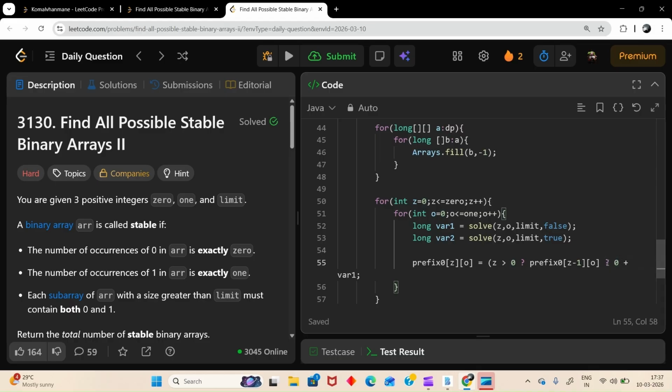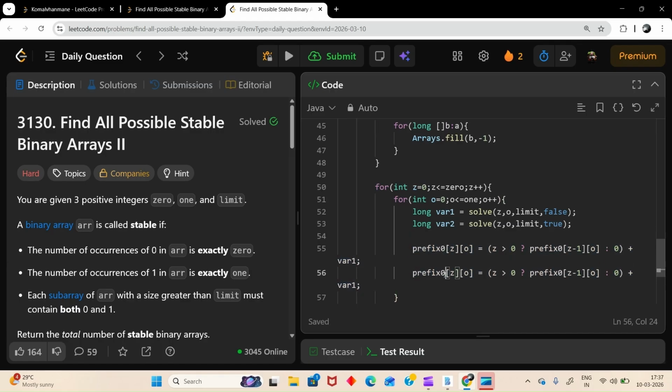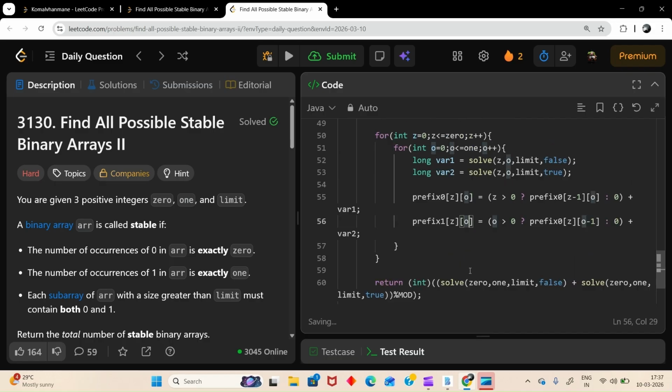If I have the previous one, then we can use that and add. Now the same we will calculate for prefix of 1. Here I'll use this, minus 1, and here we'll use var 2. Okay, now we have calculated prefix.